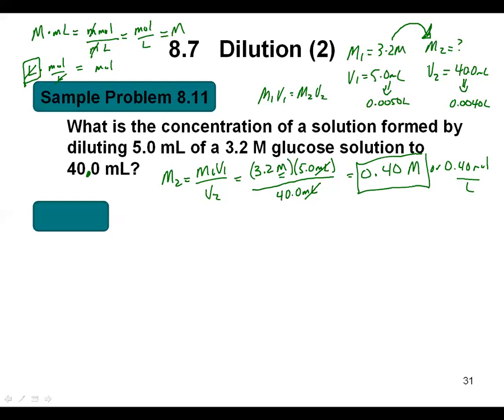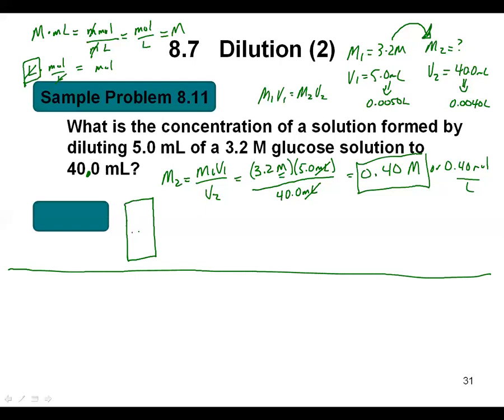So just so we're clear, if we were to make this actual solution, what we're really doing here is, we basically have a bottle that has a molarity of 3.2 molar of glucose. And basically what we're going to do is take out of that bottle and put into another container 5 milliliters of it.